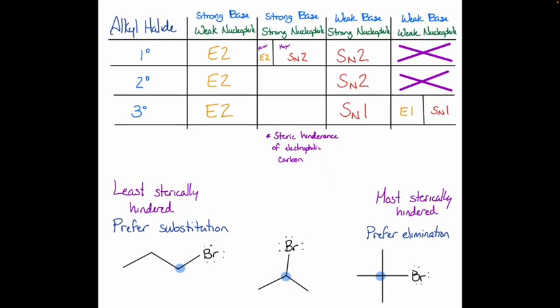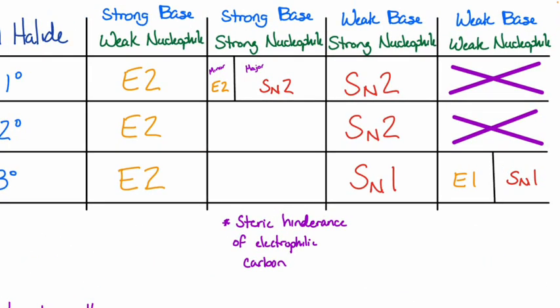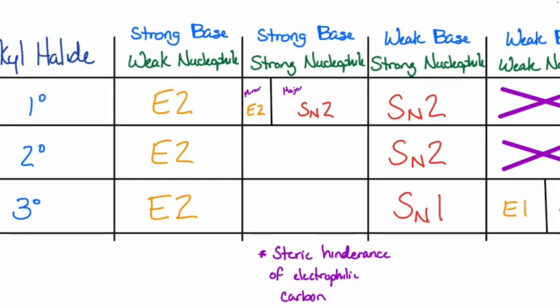This is kind of a big jump here that maybe you wouldn't expect, but it turns out that putting even one additional carbon on the other side here really tips the balance of these substitution and elimination reactions in favor of elimination. So as soon as we get to a secondary alkyl halide, now all of a sudden our major product is the elimination product, and we get only a minor amount of that substitution product.